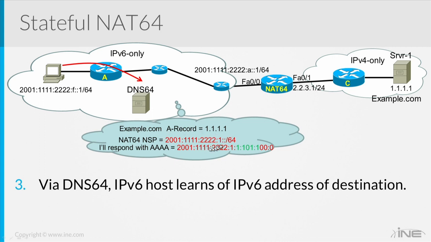Let me prepend to that the network specific prefix that has been reserved for NAT64, and that gets me this address. The part in green was his IPv4 address. The part in red is a network specific prefix that we've tacked on to the front of it. And that's what he responds back with.